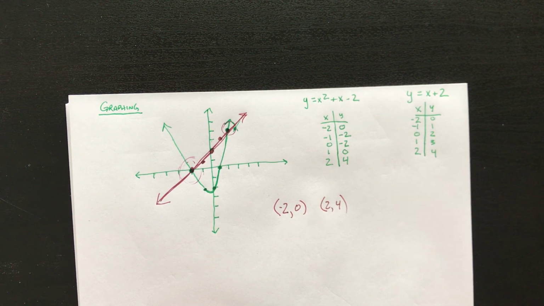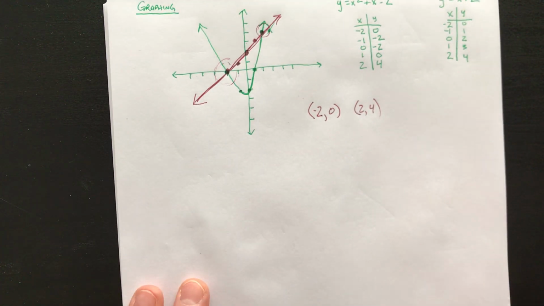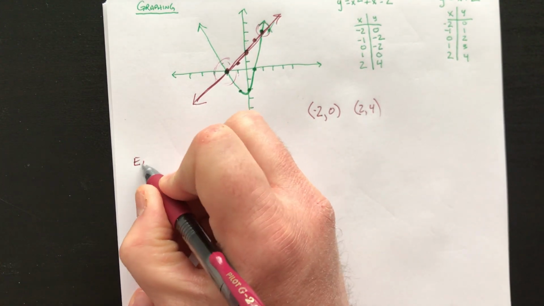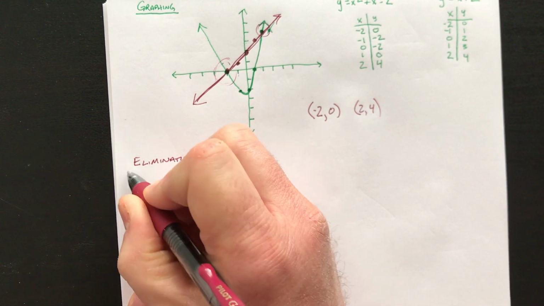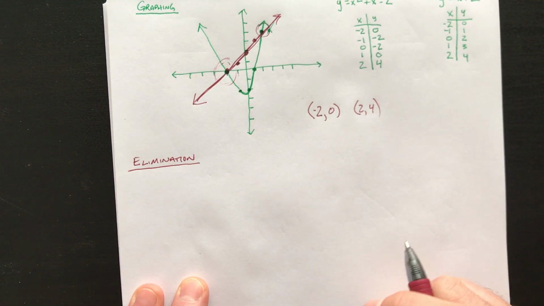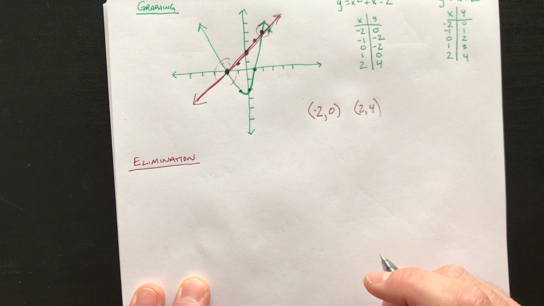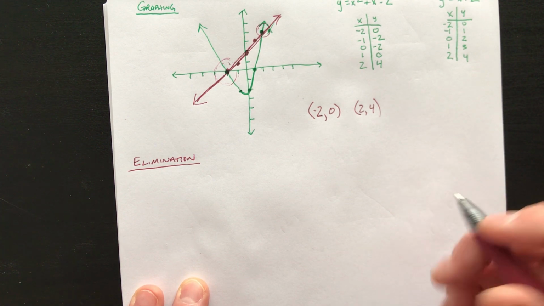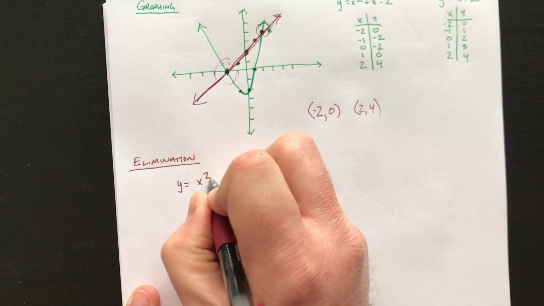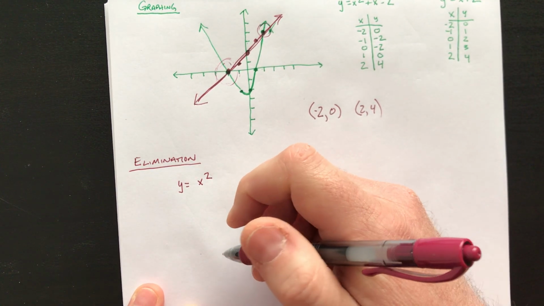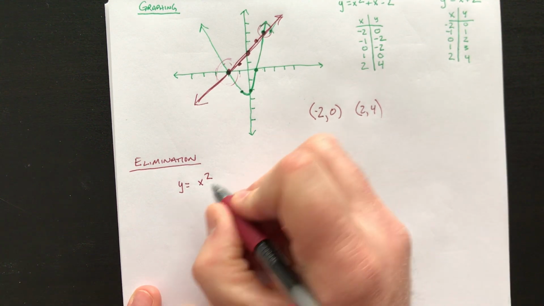Number 2 is asking use elimination to solve the system. So when you do elimination, we have y is equal to x squared minus 13x plus 52.